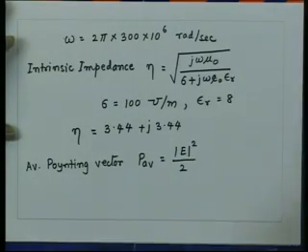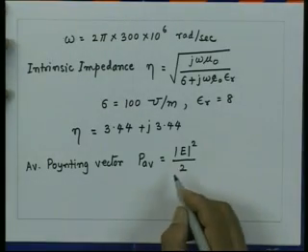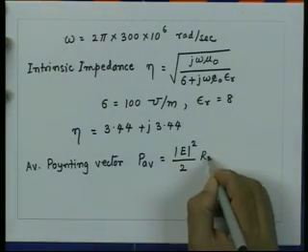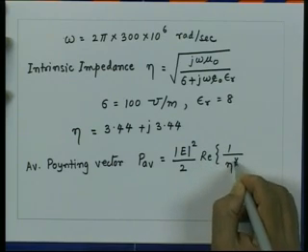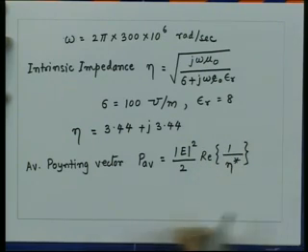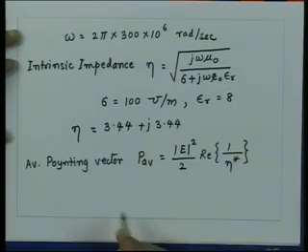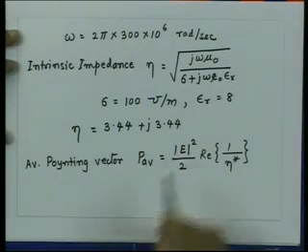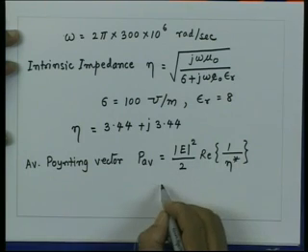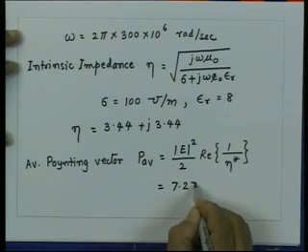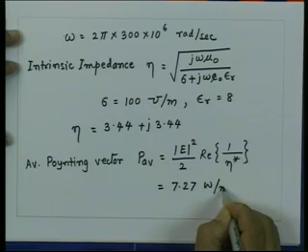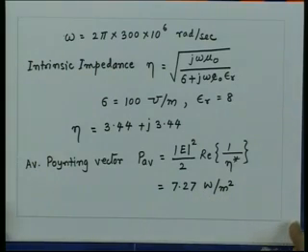This factor of 2 comes because of the RMS power. There is the real part of 1 upon eta conjugate. Substituting for eta and the electric field, which is 10 volts per meter peak amplitude, we get the power density, which is 7.27 watts per meter square.